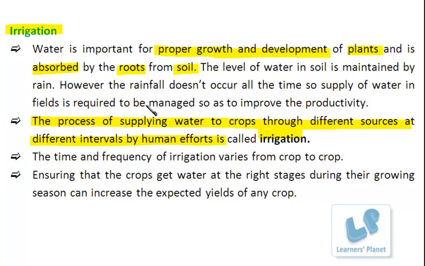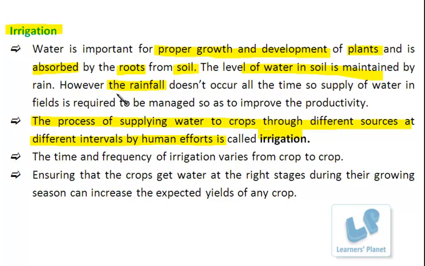Now if we are discussing the crop, that means cultivation at large scale, then of course uniformity has to be maintained, right? And the level of water required for the growth of the plants is also supposed to be maintained well enough. In countries like India, we are dependent upon rainfall for the supply of water.